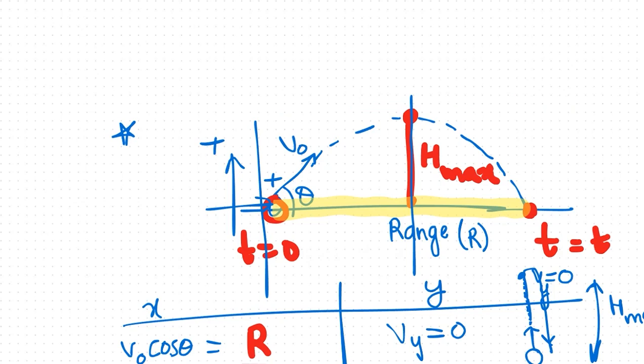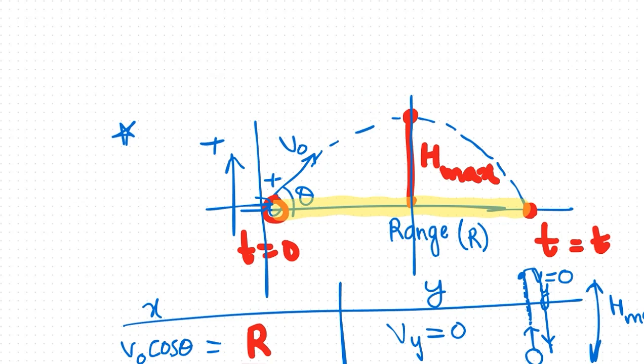Can I say if this total length is R, from here to here it will be R by 2. So the x displacement from here to here will be R by 2.